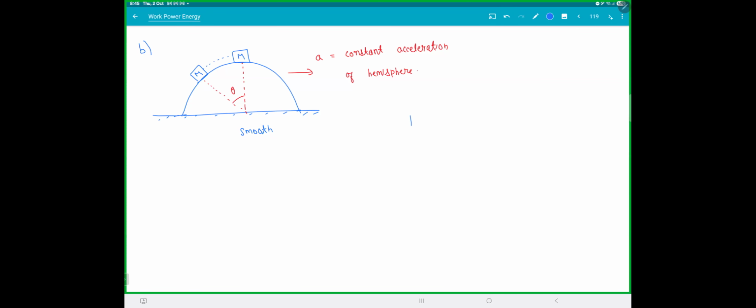So same question. Find theta when the block loses contact. How will you handle this?